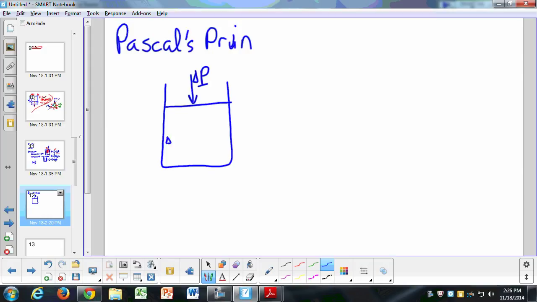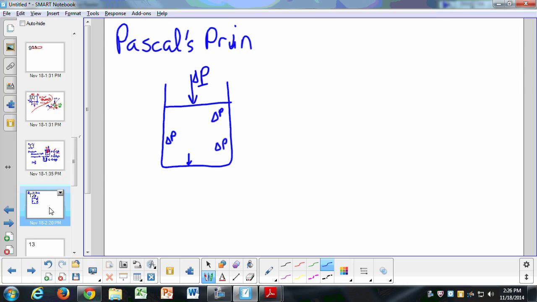So I feel a delta P here, a delta P here, a delta P here. I also feel that delta P on the sides of the container. So anytime I apply a change in pressure on a fluid, a liquid actually, an incompressible fluid, then I feel that same change in pressure.